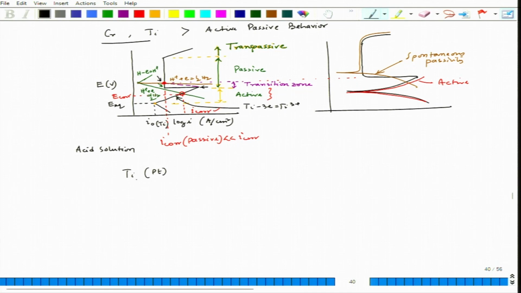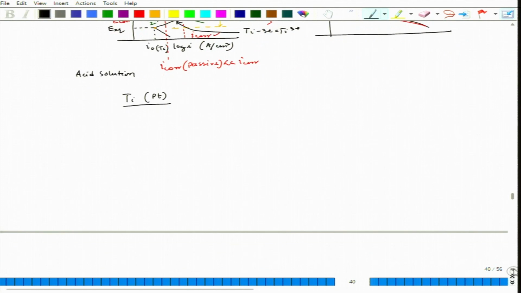Now, before we understand the behavior of that alloy, let us understand the mixed potential theory in the case of connecting platinum with titanium, fine.